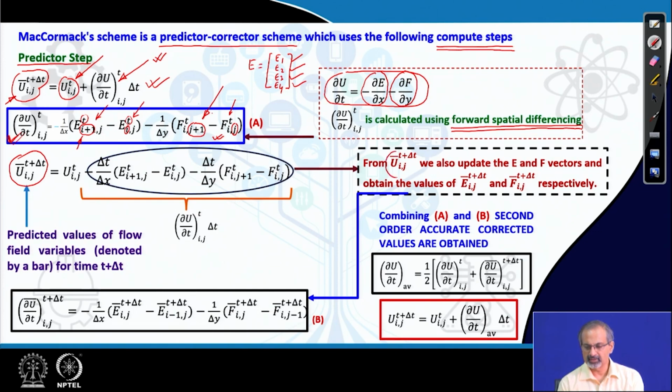Based on the u bar value that you have predicted, you update the E and F vectors and obtain the values of E bar and F bar vectors as well. That means, based on the prediction you have done for the vector of conserved variables, you also do the prediction of the flux vectors E and F.